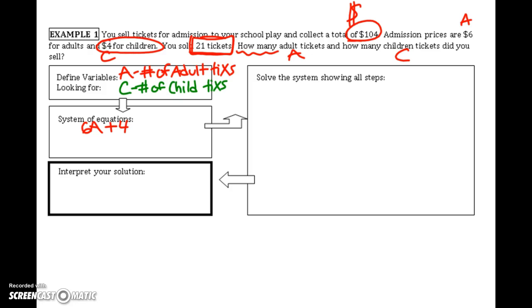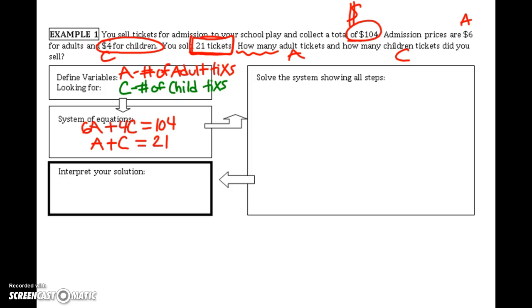That can be represented as 4 times C. In total, I collected $104. So I can represent that with this equation. That's my first one. Okay. The other information I have is that I have a total of 21 tickets, meaning altogether adult and children tickets, total 21. So I can represent that as A plus C, the number of adults plus the number of children tickets is 21.